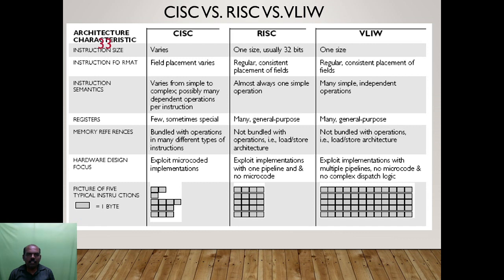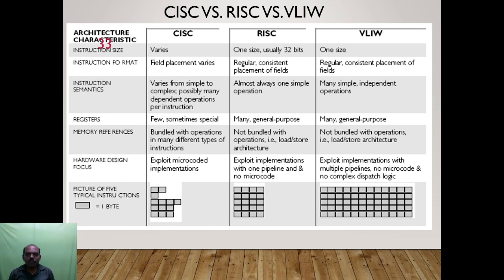First, in CISC processor, instruction size varies. In RISC processor, instruction size is 1, usually 32 bits. In VLIW, instruction size is 1. In CISC processor, instruction format, field placement varies. In RISC processor, regular, consistent placement of fields.